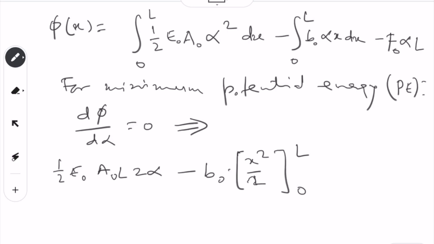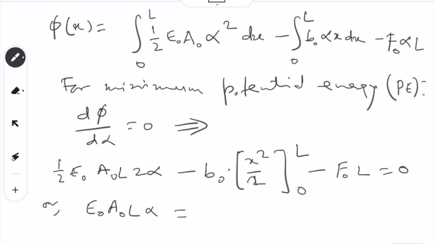Okay, and then in this case we just differentiate this one, so f naught times L has to be equal to 0. So what you see here, alpha is just here. There is no alpha here. There is no alpha here. So we get the value of alpha.